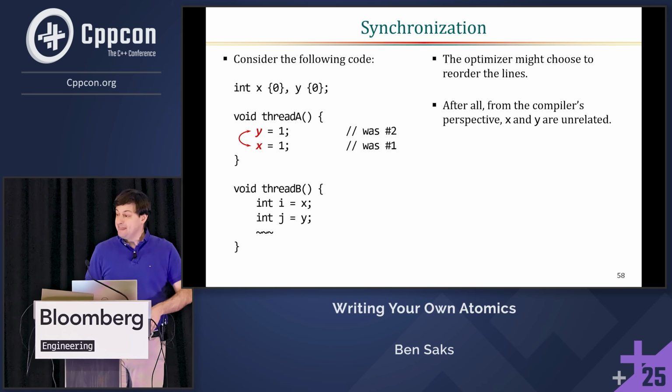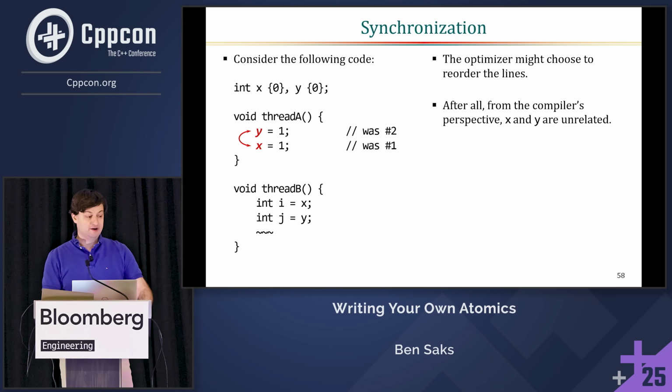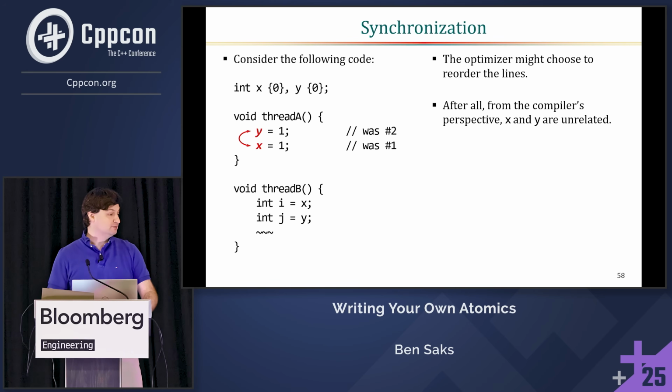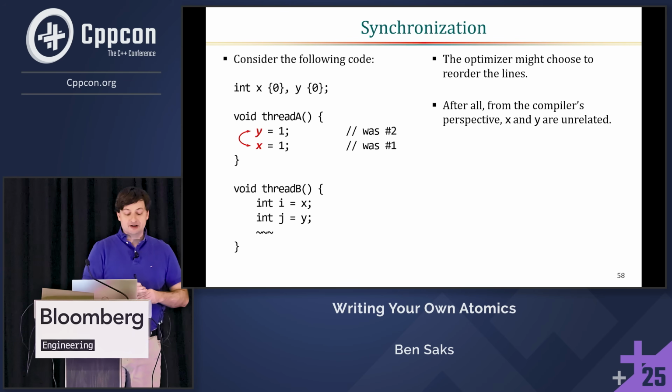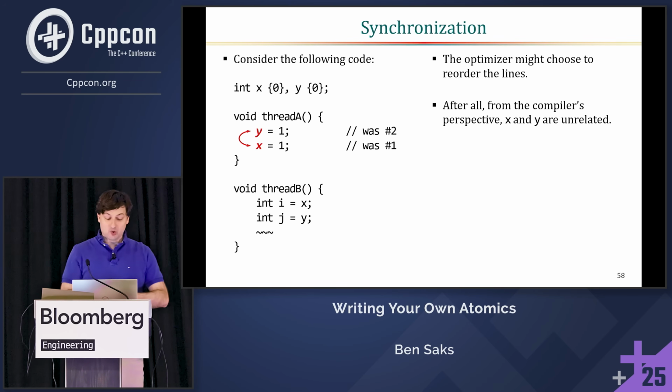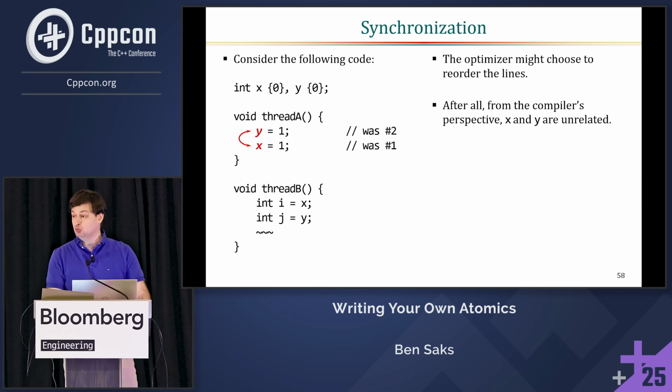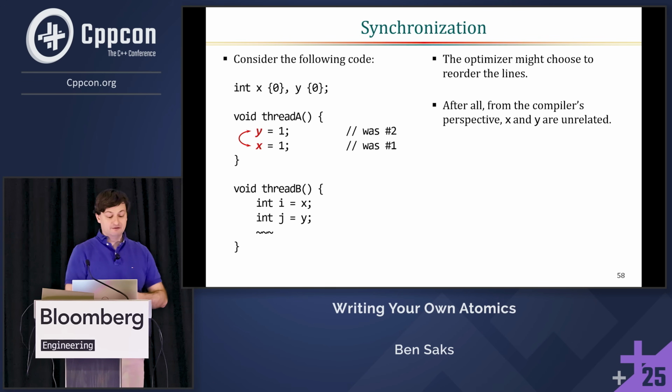But one way that this could go wrong is the optimizer might, for whatever reason, choose to reorder our code. It might see that it can do things more efficiently if it writes to Y before it writes to X. And as far as it's concerned, X and Y are these unrelated objects. It's not like changing one of them is going to affect how it writes to the other one.